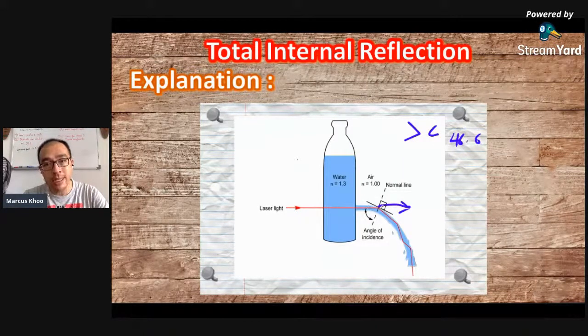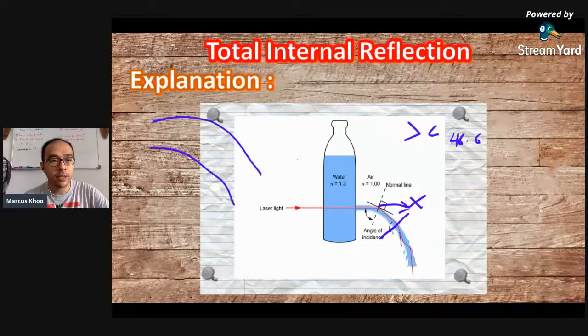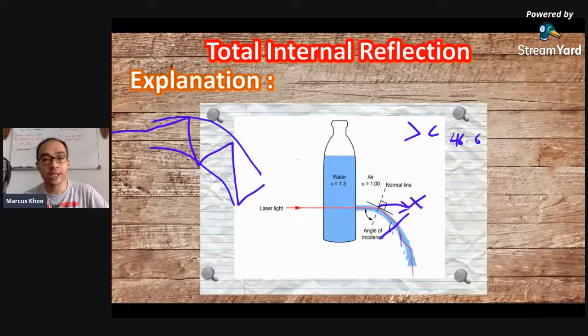So what happens is it's going to be internally reflected. No refraction happens. Then when it is internally reflected, once again now when it reaches this point over here, it is still more than 46.6 degrees. So it will continue to be totally internally reflected. And this is what happens. So if this is the water stream, the light travels over here and reflected, reflected, reflected, reflected. So continuous reflection happens. That's why the light seems to be traveling together with the water stream.